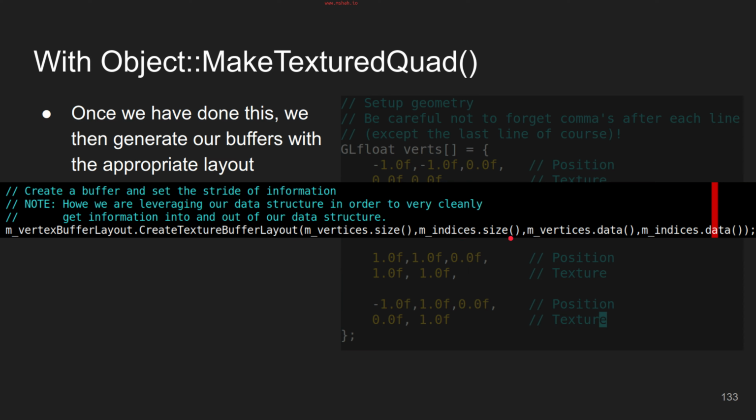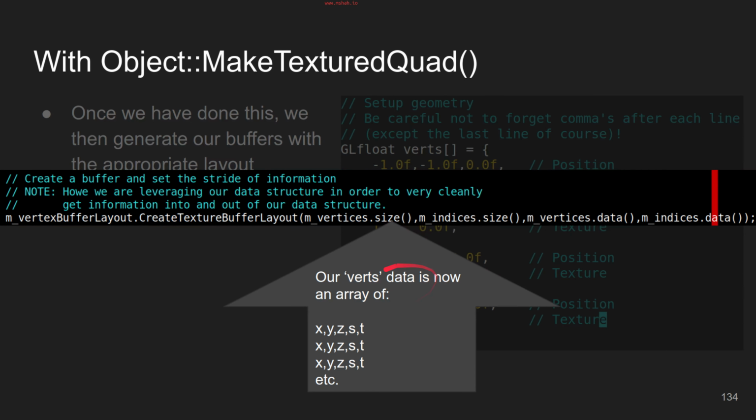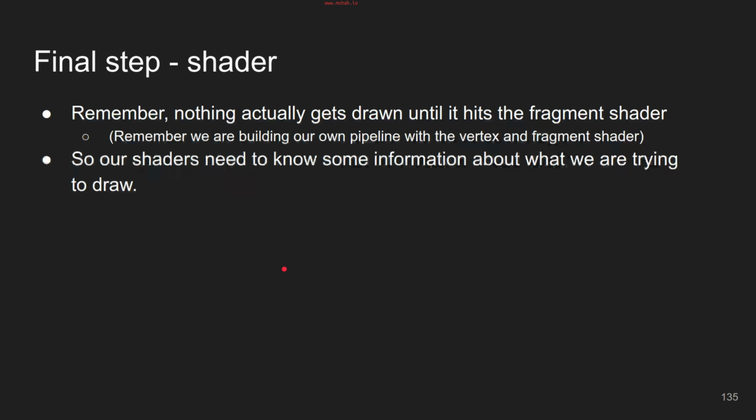I should probably rename this indices, vertices, the array data, so you can just access the raw array from the vector here. And the same thing for the indices. Our verts data is now x, y, z, st. St or uv, those would be the common ways to refer to the texture coordinates.